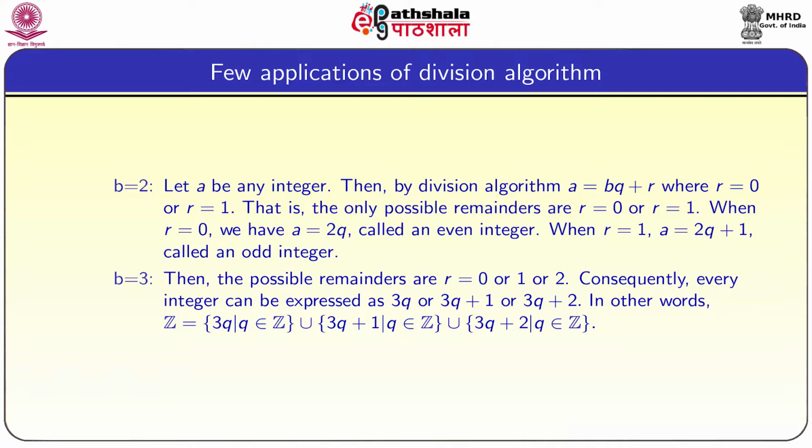So, what we are doing here is putting the set of integers in 3 different bags. One bag contains all multiples of 3, another bag contains multiples of 3 plus 1, that means those integers which give remainder 1 after dividing by 3, and the last bag contains all integers which give remainder 2 if I divide by 3.